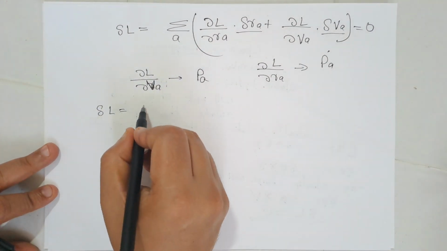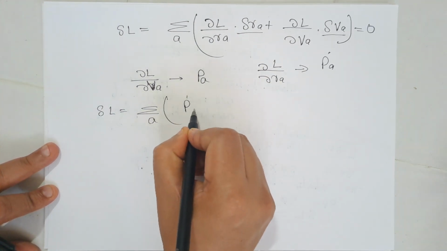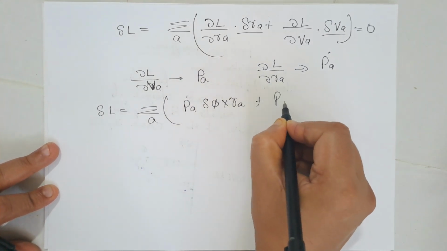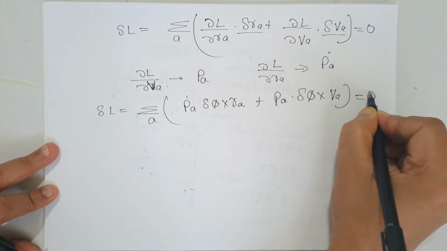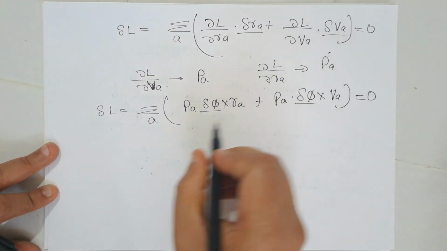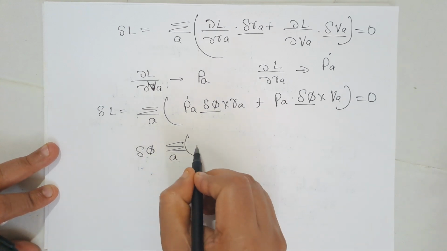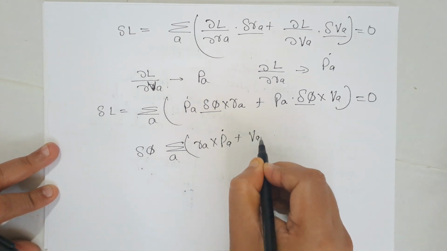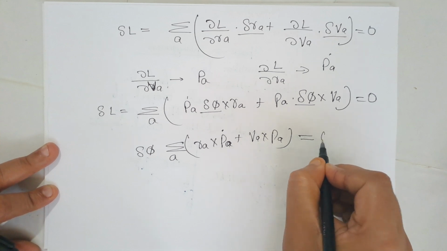So delta L will become the sum over a of p_a dot delta phi cross r_a plus p_a dot delta phi cross v_a is equal to 0. And if we take delta phi common, then we will get the sum of r_a cross p_a plus v_a cross p_a equal to 0.